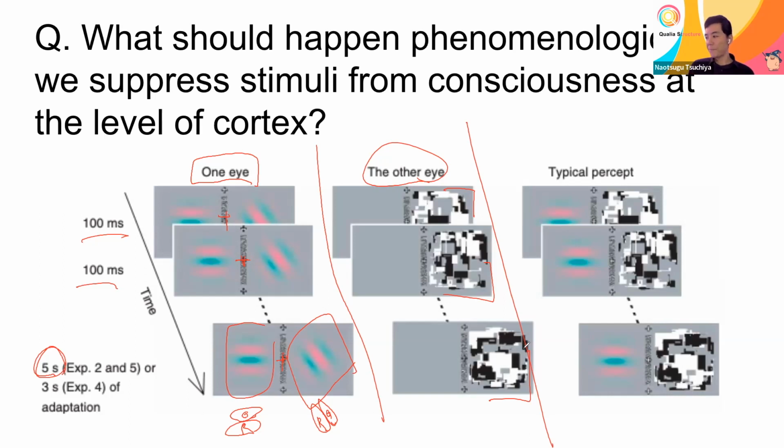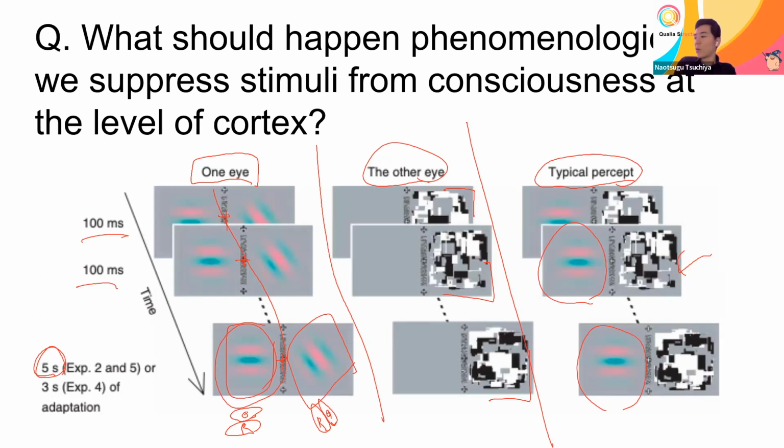Then what happens is that during this perception of 5 seconds, on the left side you see this horizontal grating passing through to the left eye, because you don't have anything to compete in the other eye. But the right side is completely suppressed from consciousness because of this black-white thing.